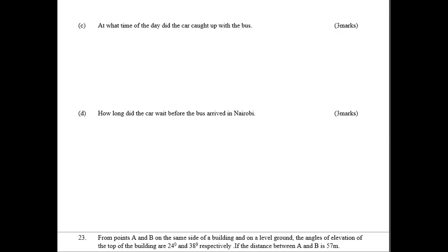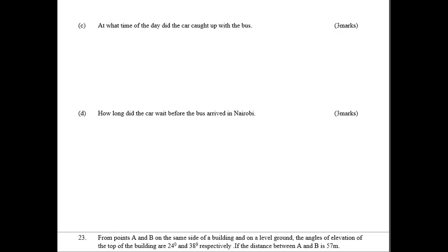And then, how long did the car wait before the bus arrived in Nairobi? We can say there are several approaches to this question, but I want to take an approach of distance over time, which is simple.